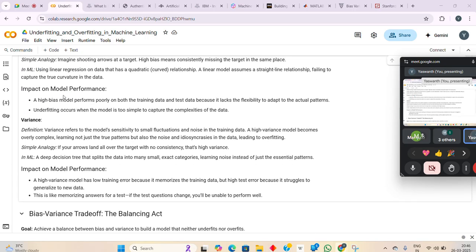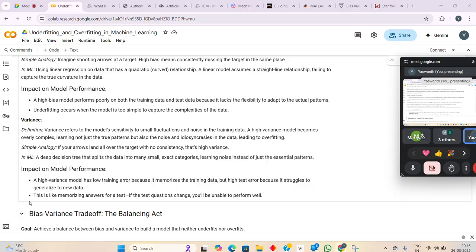Okay. So what is the impact of underfitting on model performance? A high bias model performs poorly on both the training data and the testing data, because it lacks the flexibility to adapt to actual parameters. And underfitting occurs if the model is too simple to capture the complexity of the data.